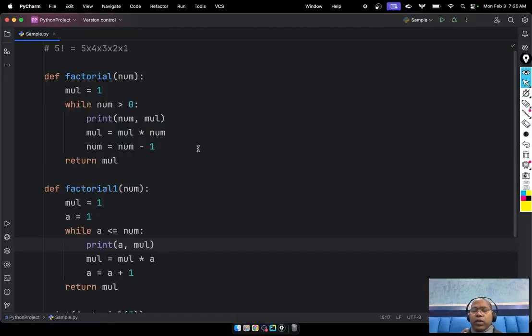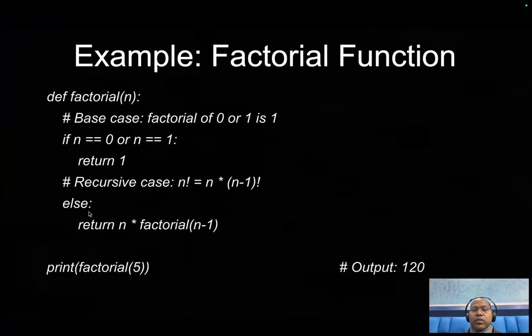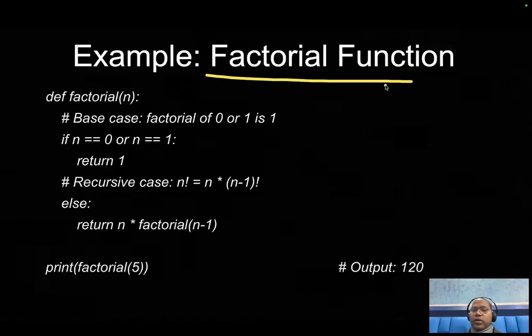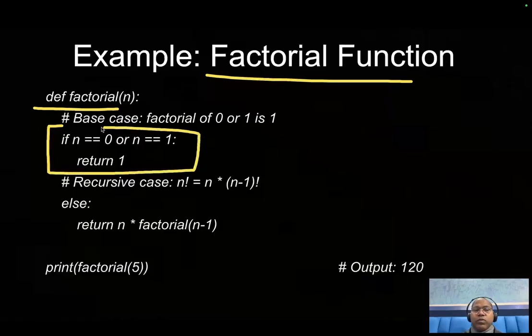This is known as a simple function. You are writing factorial and solving. So now take the concept of the recursive function. In a recursive function, you define your function and first define your base case, when you want to return.